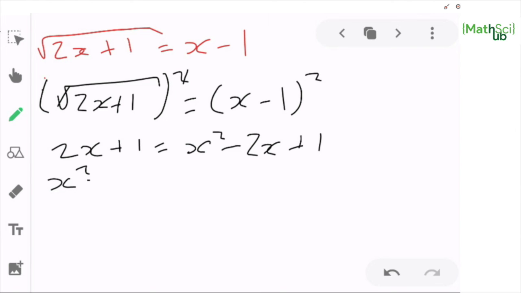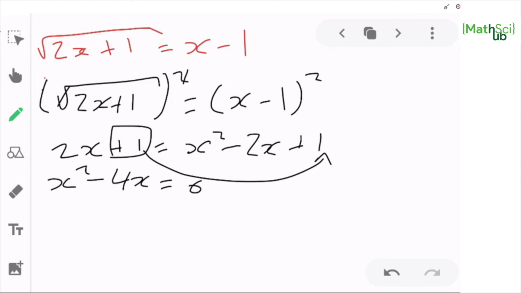Take the 2 to the other side, we're going to have 4x. And then we take the 1 to the other side. They're going to cancel out each other, meaning we have x squared minus 4x.